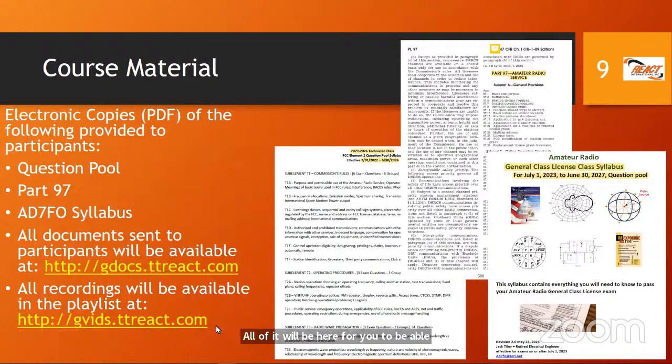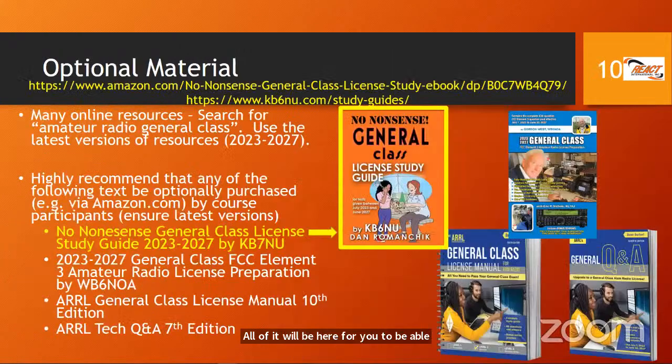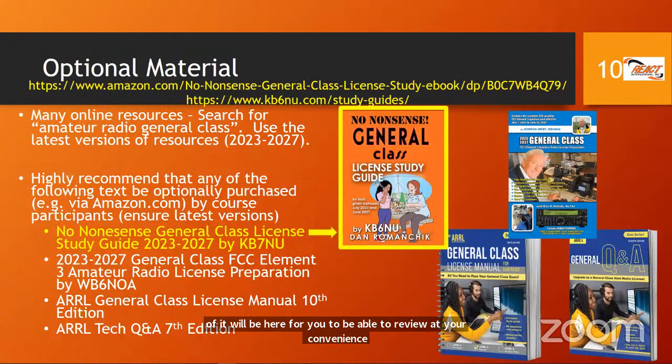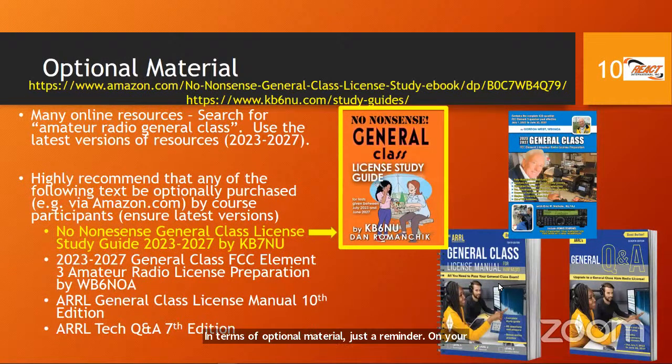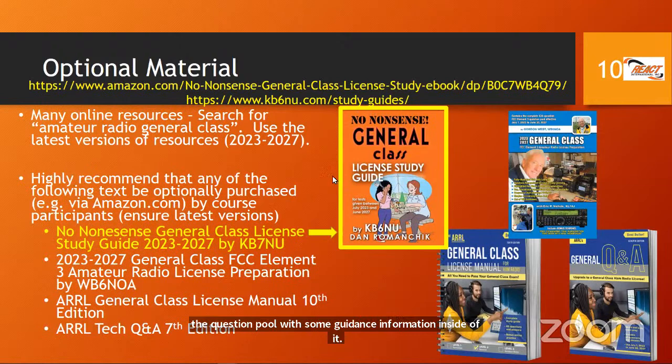If you missed a session for whatever reason, all of it will be here for you to review at your convenience. In terms of optional material, just a reminder, on your screen we have the text that we can recommend if you wish to purchase. It's not necessary, it's optional for you. However, the one in the yellow box here is the one that the instructor will be using to take you through the course material. It's in fact the question pool with some guidance information inside, a very convenient format that this author has. So we will be using this.